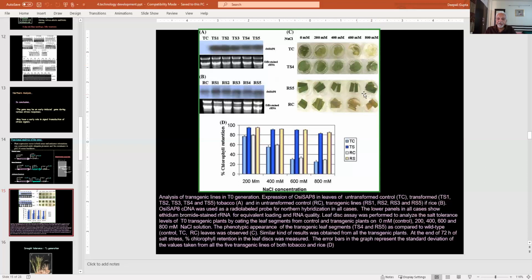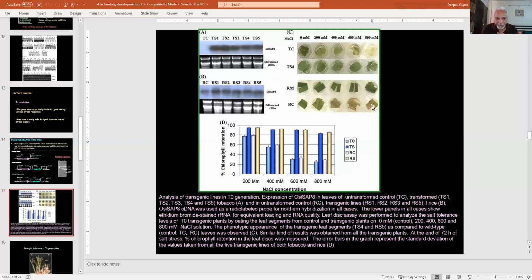Similar observations were made when you do the similar experiment with rice. These are the leaves from a transgenic line, and it retains chlorophyll even at the highest concentration tested, 800 millimole, whereas the leaf bits from untransformed control plant lose the chlorophyll completely at 800 millimole.